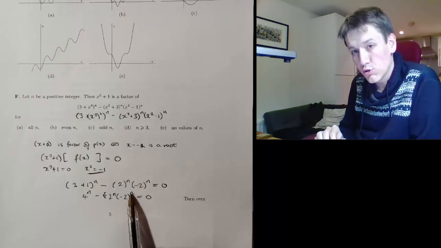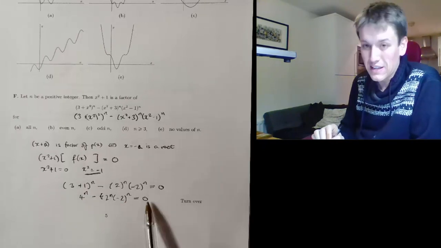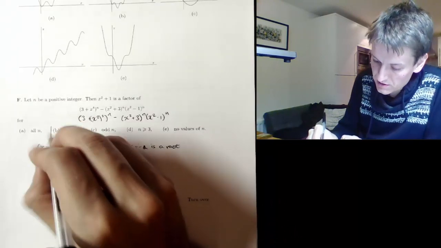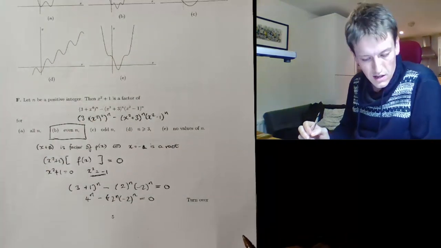Whereas if n is odd, then we'd actually end up with 4 to the n plus 4 to the n here, so that wouldn't be 0. So the answer here is that it just works when n is even.